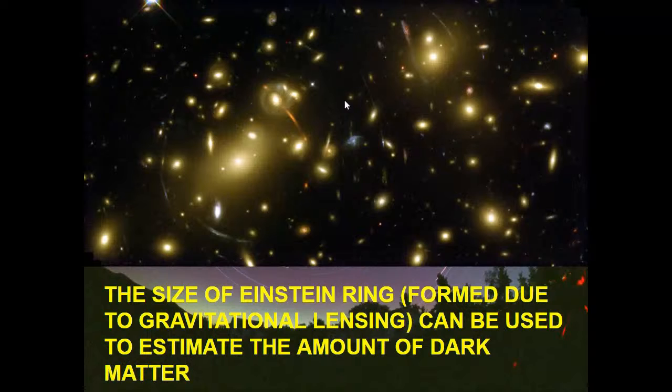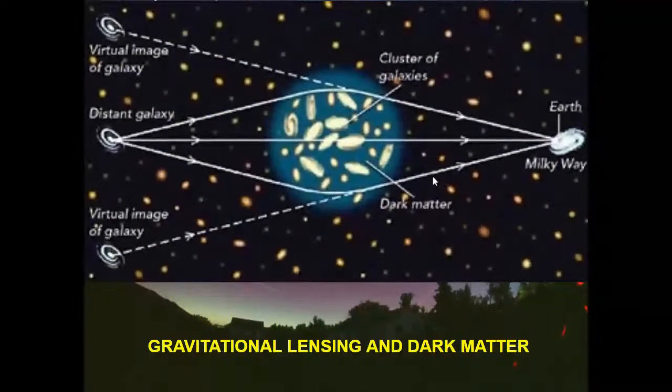And here you can also see the arches of light, and these are created by the gravitational lensing of a source far behind the cluster of galaxies.